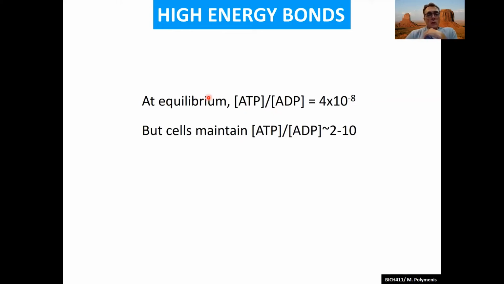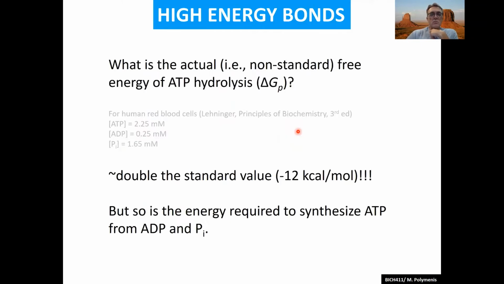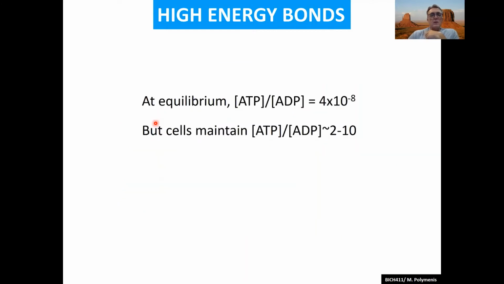In fact, at equilibrium, the ratio is astronomically low, 4 times 10 to the minus 8. But cells, as I just showed you for the example with red blood cells, have about 10 times more ATP than ADP. So what does that say to you?